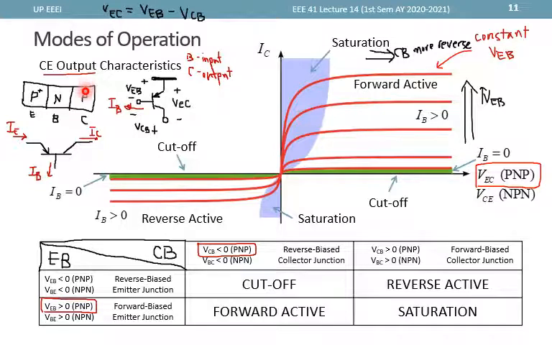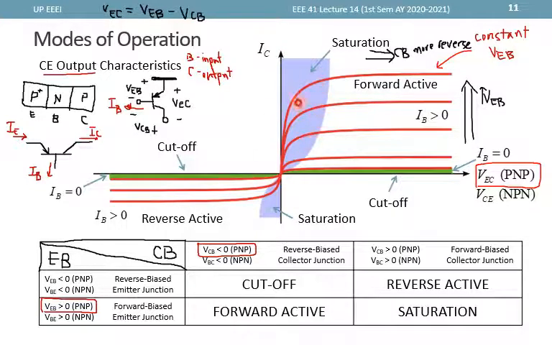Conceptually, almost the same thing would happen since we still have a PNP device, but this time the one that emits the carriers is not heavily doped, so we'd expect much less current being injected into the base, and therefore only a few of them will get into the emitter acting as the new collector. So it's just the reverse.